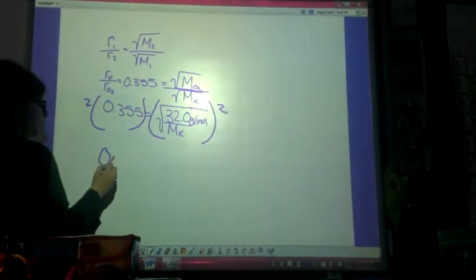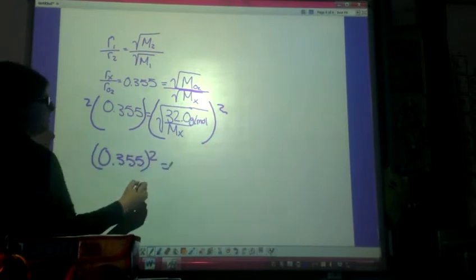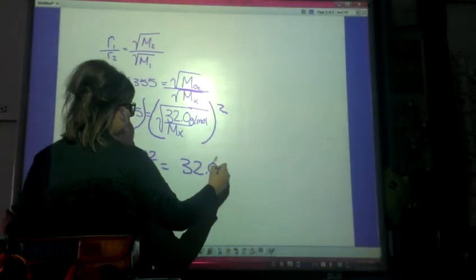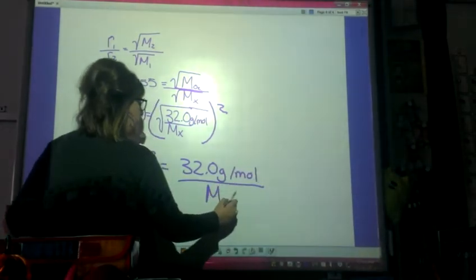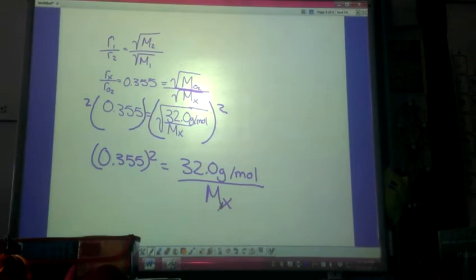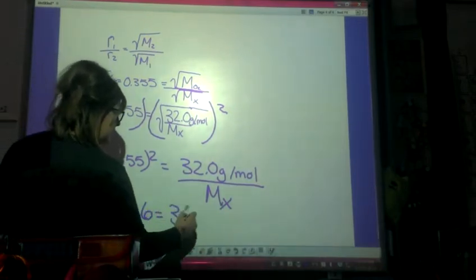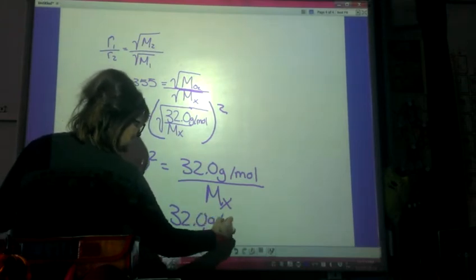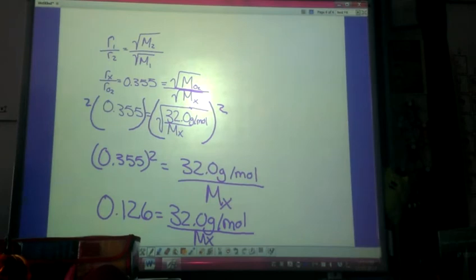So I'll have 0.355 squared. That's going to equal 32 grams per mole over Mx. Now 0.355 squared is 0.126, which equals 32.0 grams per mole over M sub x.